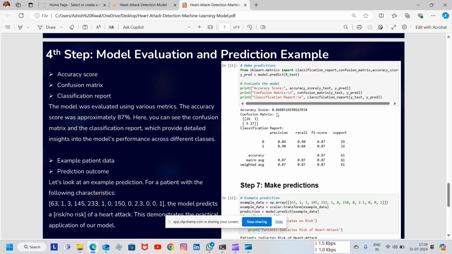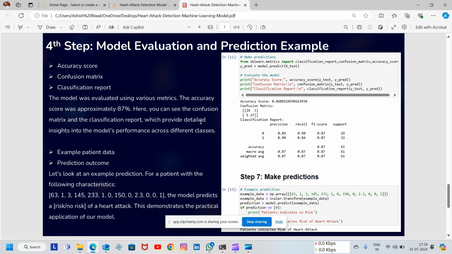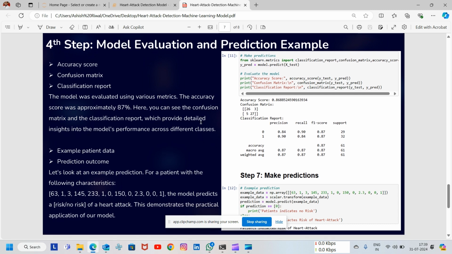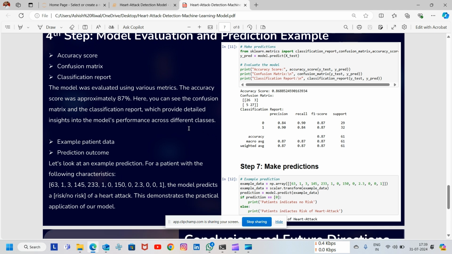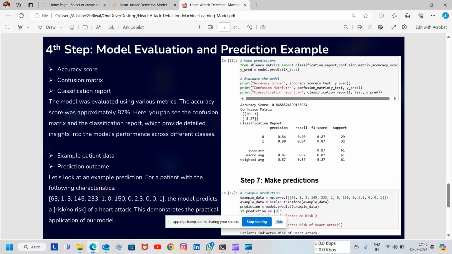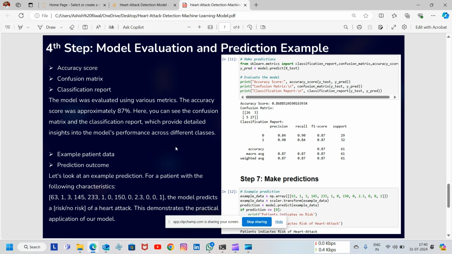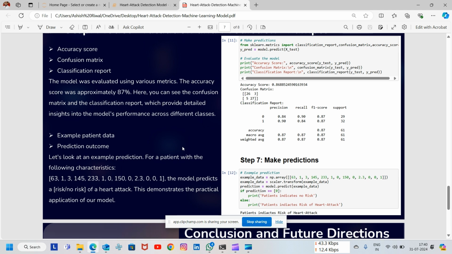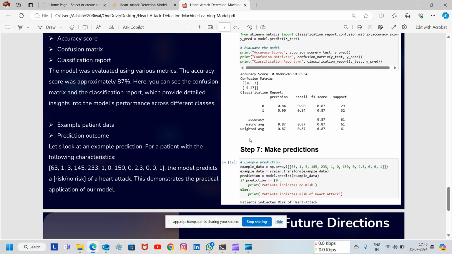Accuracy score is 0.8688, which is almost 87%. And we can see the confusion matrix and classification report also, which provide us detailed insight into the model performance across different classes. Those who don't know about the confusion matrix and classification report, you have to read about them by yourself, and then you will understand what the classification report and confusion matrix are.